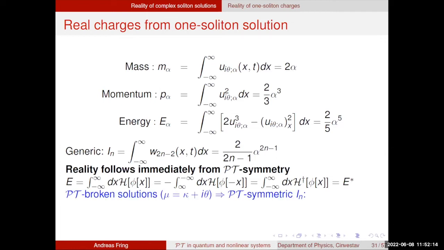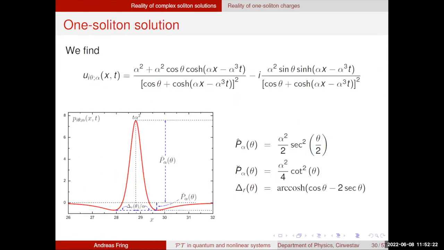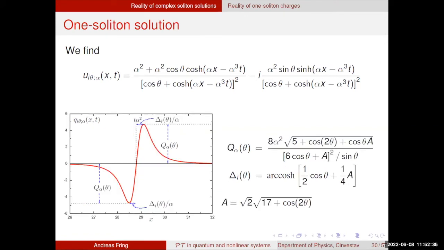However, if I take these solutions, just the one-soliton is already nice, and I make this parameter not just purely imaginary, but complex. So if this parameter now has a real part, then the PT symmetry is broken.